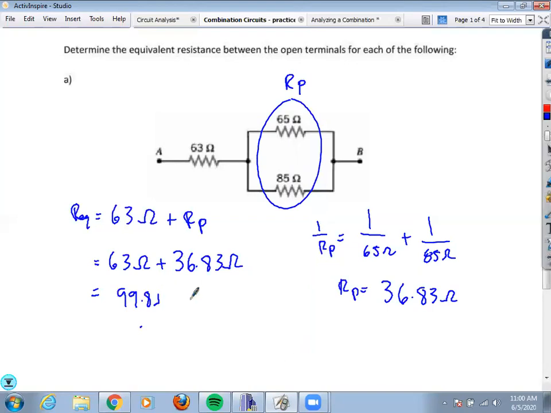And going to the nearest ohm, it would be 100 ohms. That would be the equivalent resistance for A. REQ would be about 100 ohms.